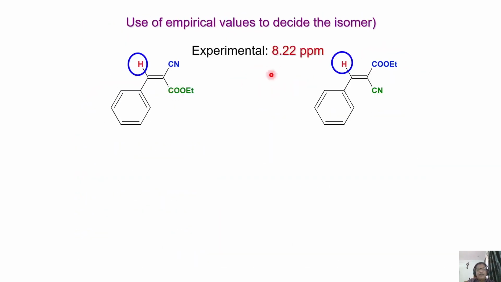And in one example like this, the question was whether this is the molecule or this is the molecule, that is, whether COOEt is cis to this proton or trans to this proton, because the experimental value was 8.22.